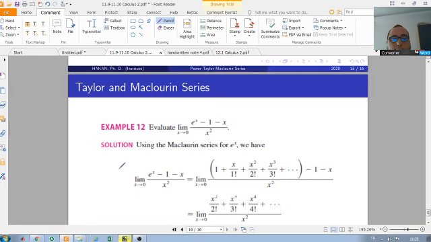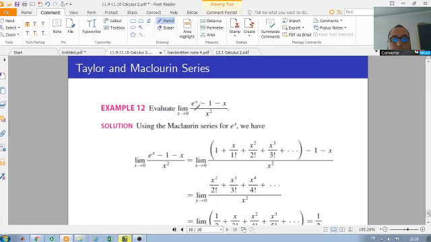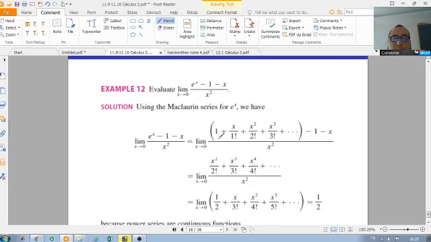And also we can find a limit by using the Taylor series expansion or Maclaurin series expansion for some functions. Evaluate this limit by using the Maclaurin series expansion for e^x. If you remember, it is equal to 1 + x/1! + x^2/2! and so on, and we have minus 1 and minus x over x^2.